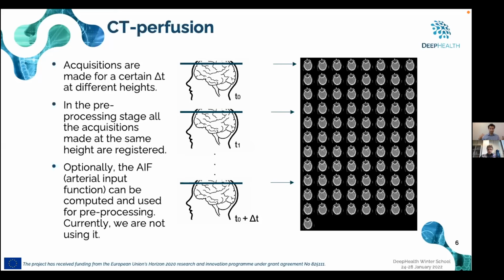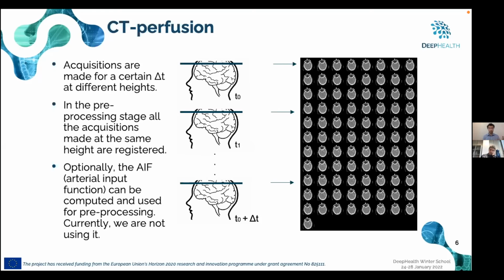What does it mean? It means that at the same height of the brain, we're going to take 81 or even more snapshots of how the blood is flowing, which means, of course, 81 times the dose of normal radiation, which is, of course, problematic. It's a huge amount of radiation which the patient needs to undergo. Why is this all necessary?